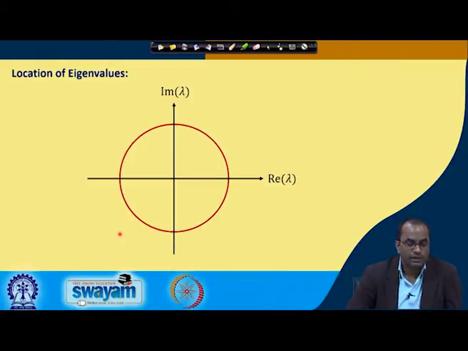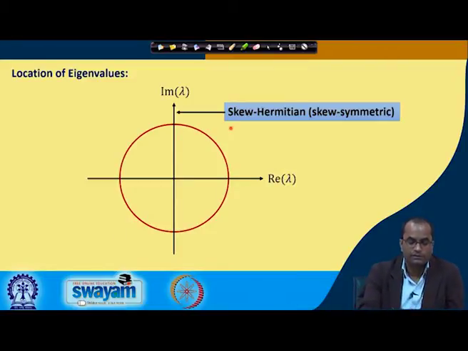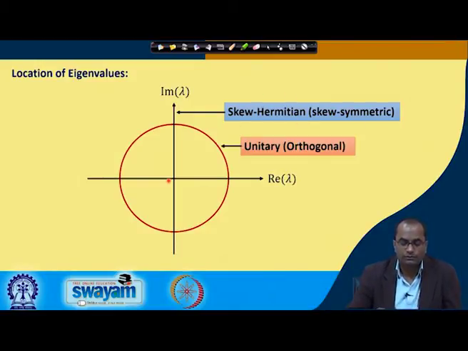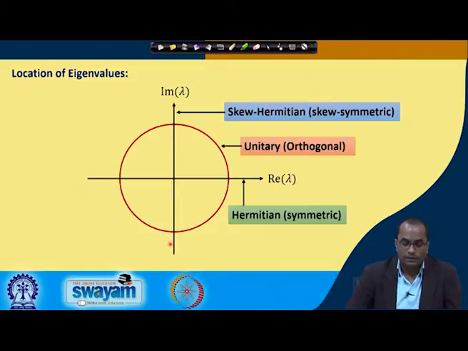The location of the eigenvalues, which we have just seen in the previous slide. If we have a skew Hermitian matrix, their eigenvalues are purely imaginary. For the unitary matrix, they lie on the circle of modulus 1, and for the Hermitian matrix or the symmetric matrix, the values are sitting on the real axis, meaning they are real numbers.